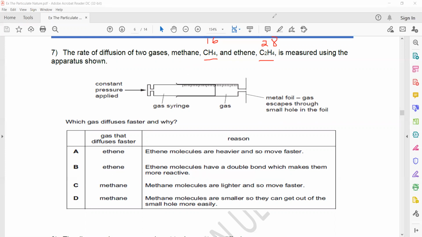So the rate of diffusion of two gases, methane and ethene, is measured using an apparatus. Which gas diffuses faster and why? So diffusion depends on the mass. Methane will diffuse faster because it is lighter. So C is the right answer.